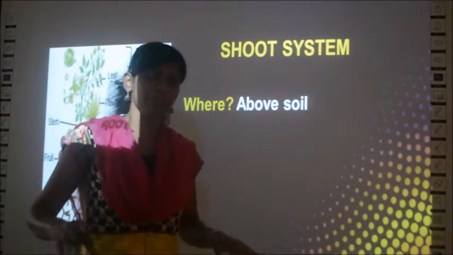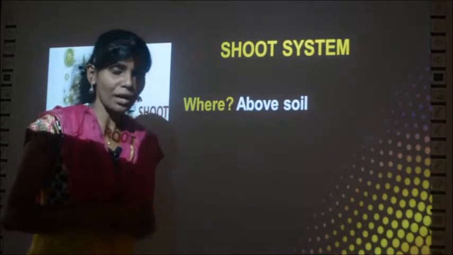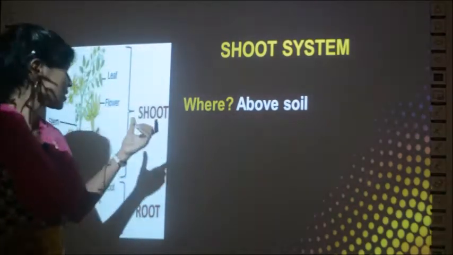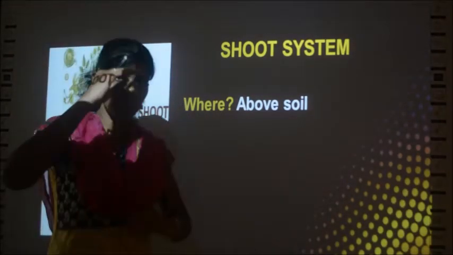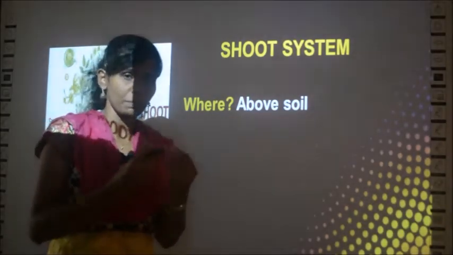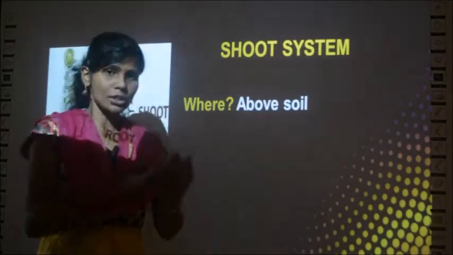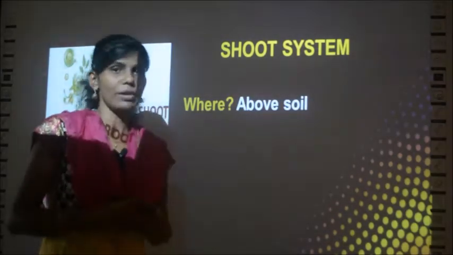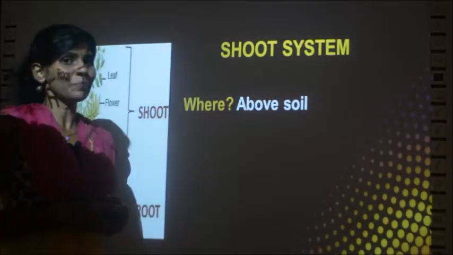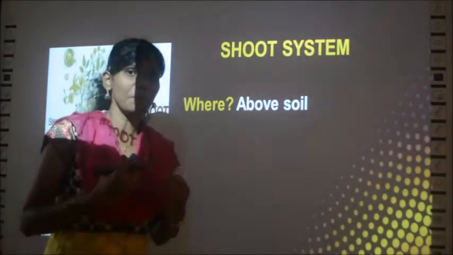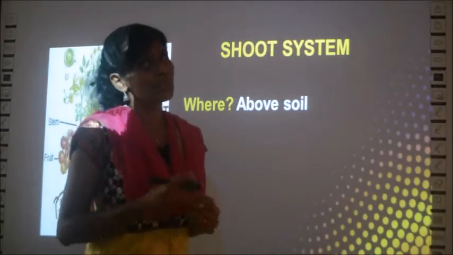Above the ground surface, all the parts you have in a plant are called the shoot system. So where can you find the shoot system? Above the soil. The part of the plant which is above the soil level or ground level is called the shoot system. So what does a shoot system contain? What are all the parts of the plant that are above the ground level?